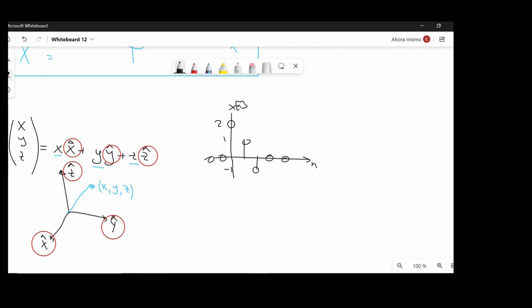So what I'm saying is this is 2 times delta n plus 1 times delta n minus 1 minus 1 times delta n minus 2. So now these are my basis, and these are my coefficients.